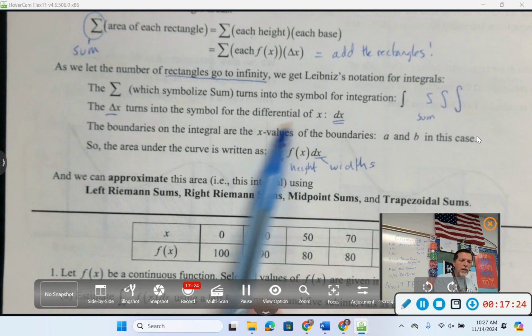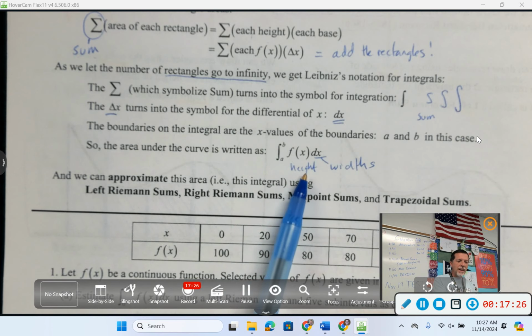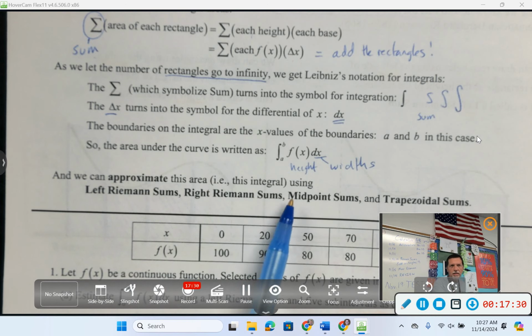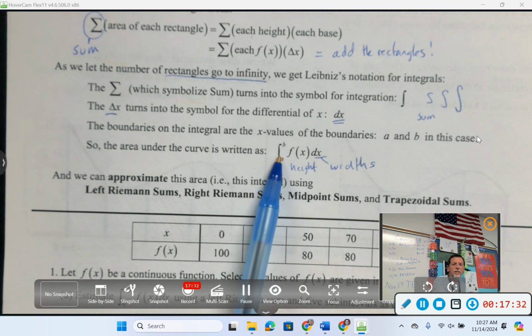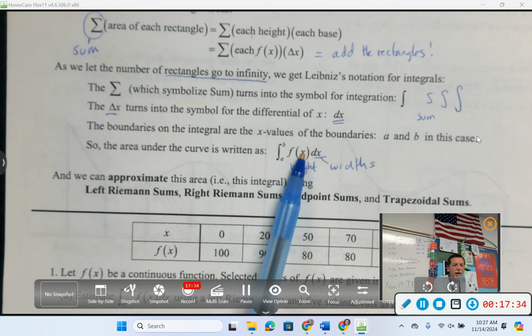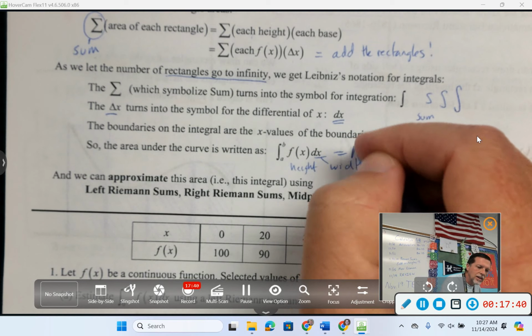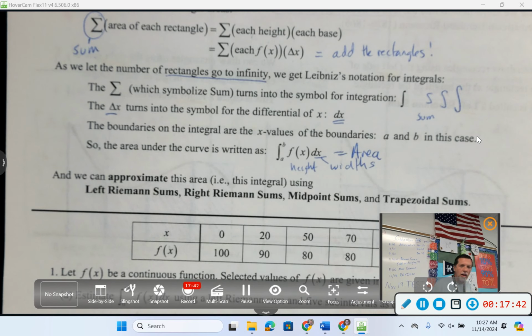Now, we'll worry more about this later. Right now, we're going to approximate that with rectangles. So in the future, we'll talk about how antiderivatives relate to area, but for now, we're going to approximate the area. That equals the area.